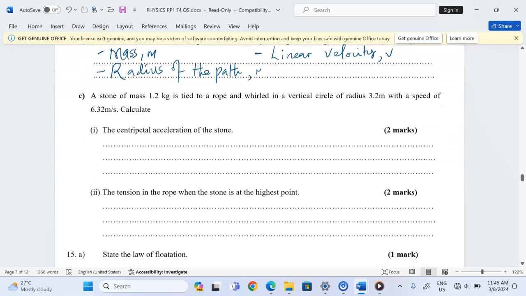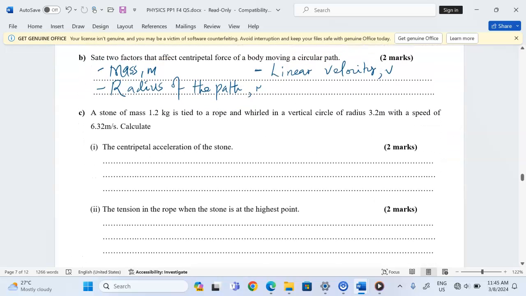In part C, a stone of mass 1.2 is tied to a rope and whirled in a vertical circle of radius 3.2 meters with a speed of 6.32 meters per second. Calculate part 1, the centripetal acceleration of the stone. Centripetal acceleration is usually given by v squared divided by r.